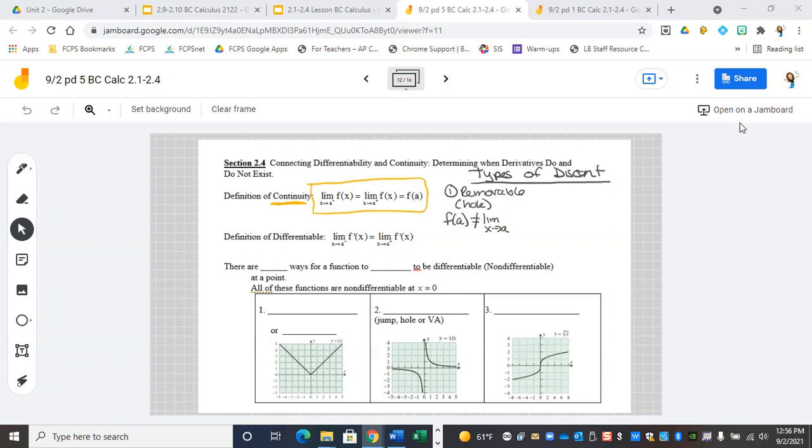Or it may also happen that f of a doesn't exist. A might not be in the domain of the function, so therefore it can't be continuous there. So that's removable.